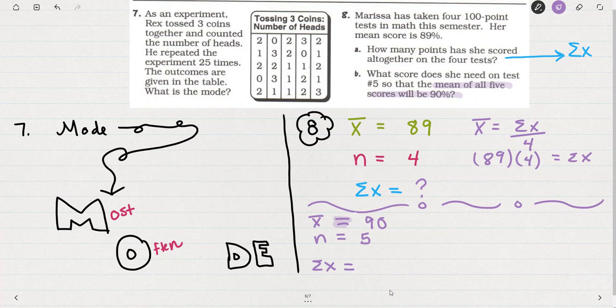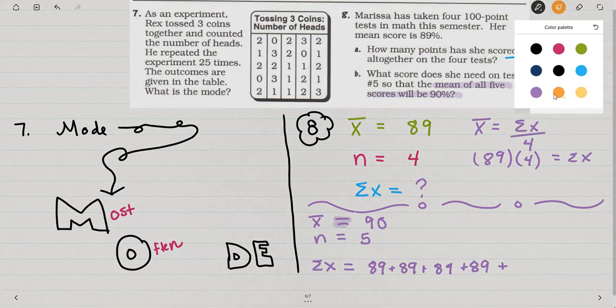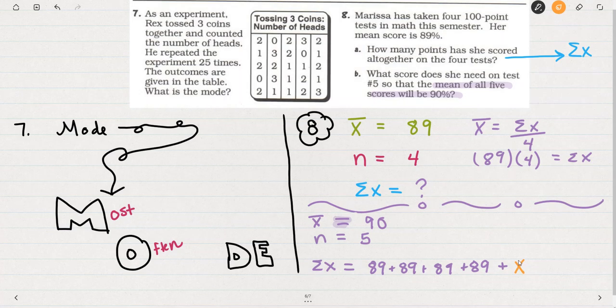Well, we could see that her first four tests are represented by 89s. And then what we're looking for is this last x. So her fifth score is x.